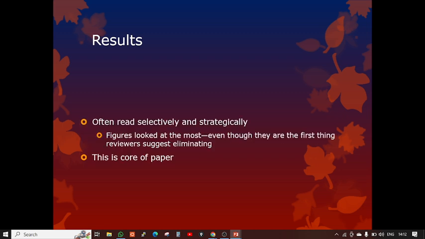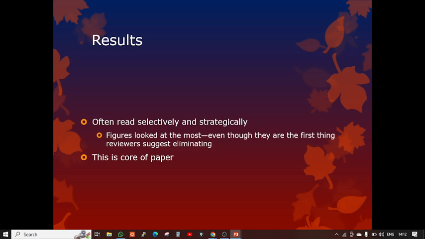Often readers read selectively and strategically, looking at the figures first, and reviewers most often suggest eliminating things, because a lot of things can be eliminated while writing the results. This is the core of your research, because whatever main finding you obtain, whether over 6 months, 1 year, 2 years or 3 years, is the core of the research paper.